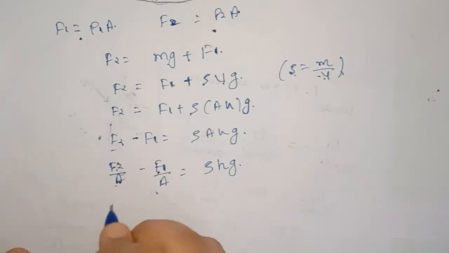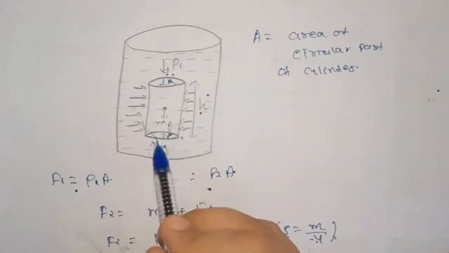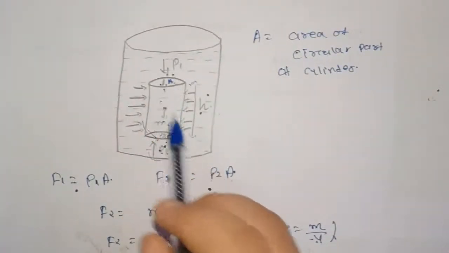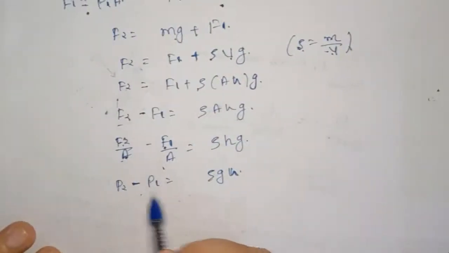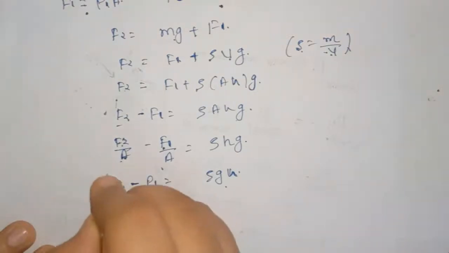So this will be the pressure: P2 minus P1 is equal to rho gh. So the pressure difference between these 2 points separated by height h will be P2 minus P1, and that is equal to rho gh.